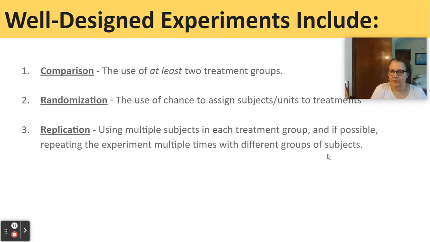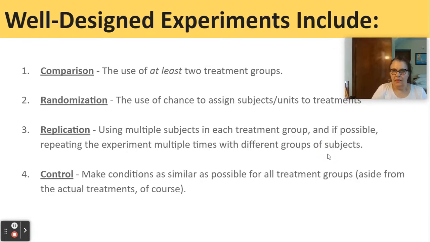You also have to have replication, meaning using multiple subjects in each treatment group, and if possible, repeating the experiment multiple times with different groups of subjects to avoid something just being a fluke versus being a true experiment. And then, of course, control, which makes conditions as similar as possible for all treatment groups. And usually when we're talking about comparison, it's usually a comparison to a control group.